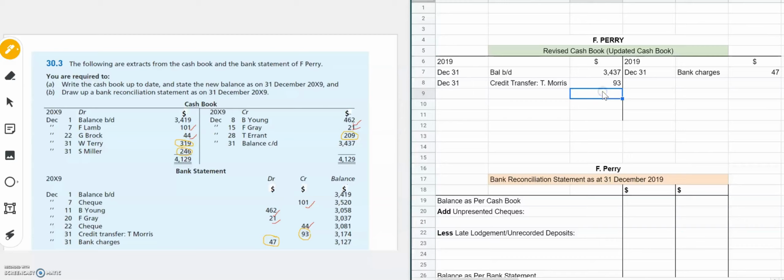That would give you 3,530. Now the credit side only has 47, so we're going to find the balance carried down. We subtract the smaller total from the larger total, which is 47 from 3,530, to give us our balance carried down.